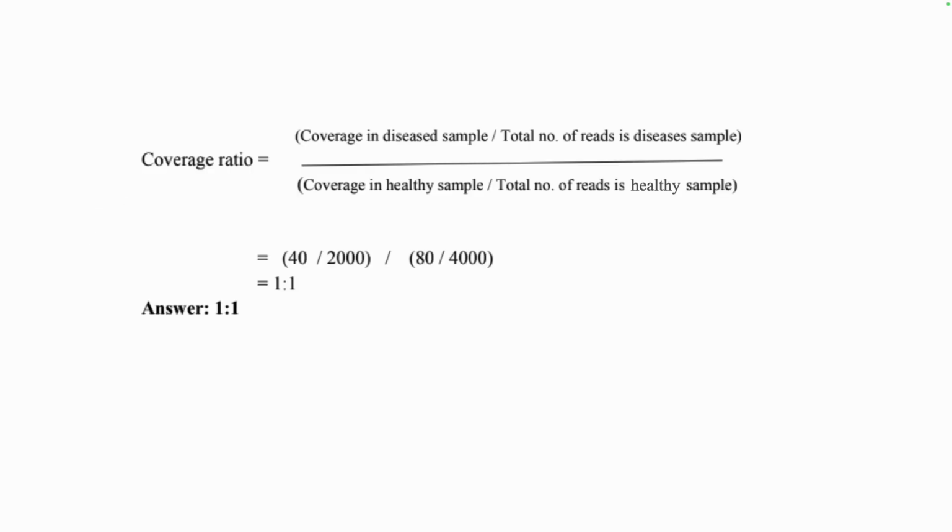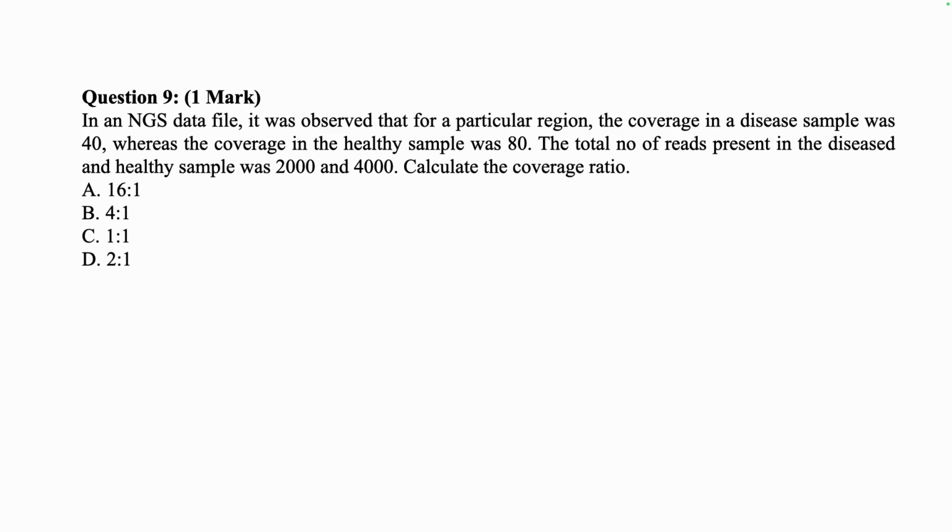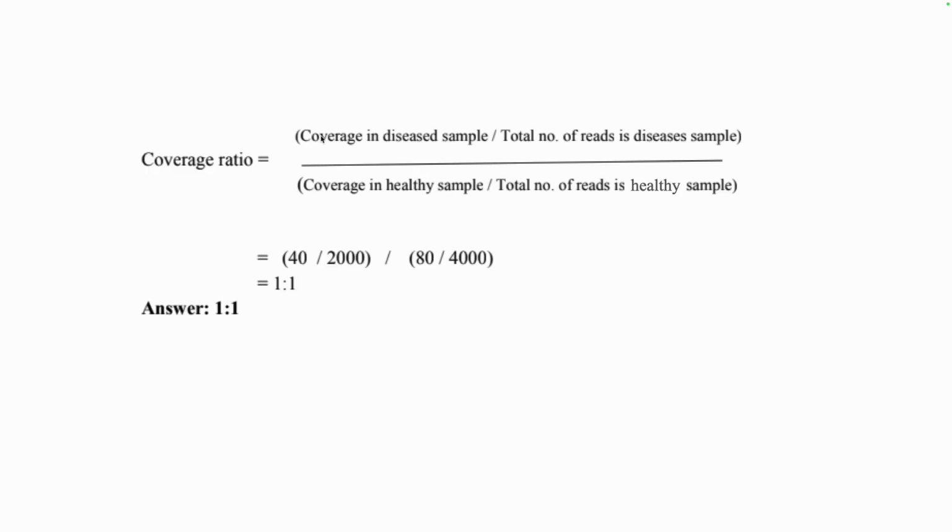To calculate the coverage ratio, we take the coverage in the disease sample divided by the total number of reads in the disease sample, divided by the coverage in the healthy sample over the total number of reads in the healthy sample.